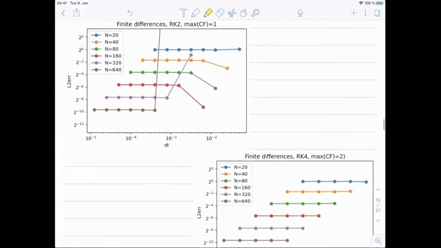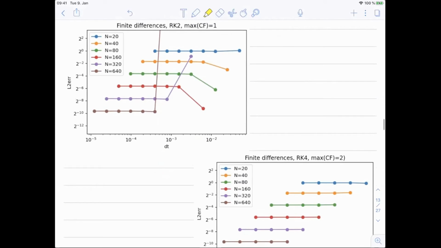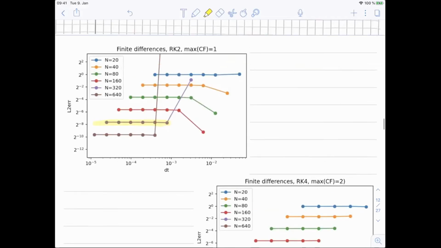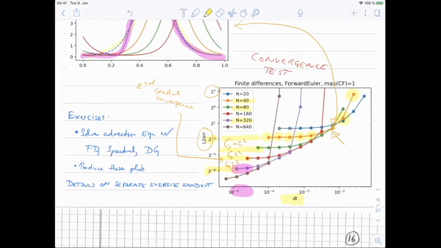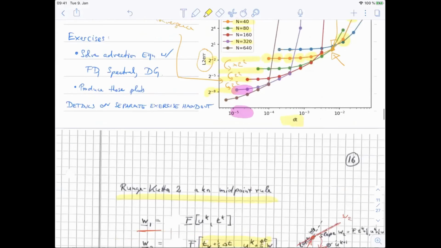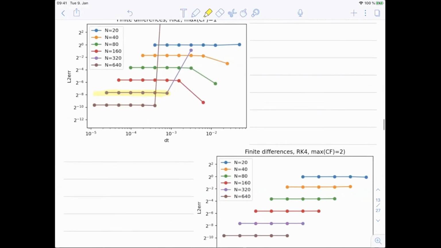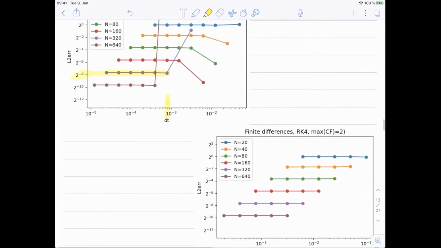And now we are actually somewhere in terms of improving our convergence test. So here's the same convergence test as before. Earlier on, we were focusing on the case with 320 grid points. For a first order time stepper, you only got somewhere with time steps of 10 to the minus 5. But now we can reach the error 10 to the minus 8 with 320 grid points and time steps of order 10 to the minus 3.